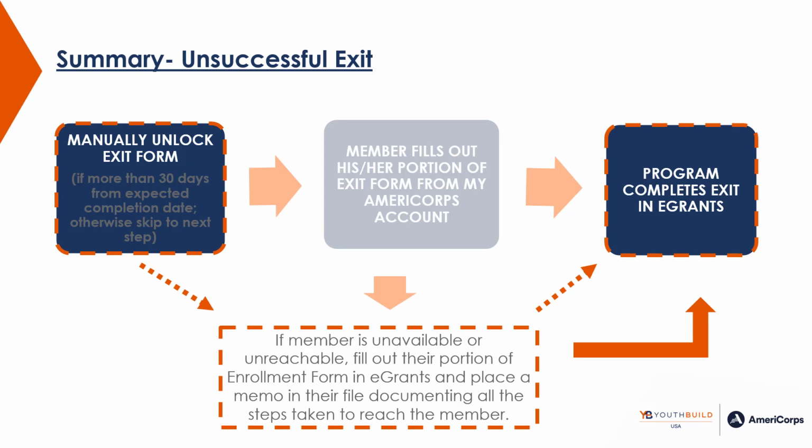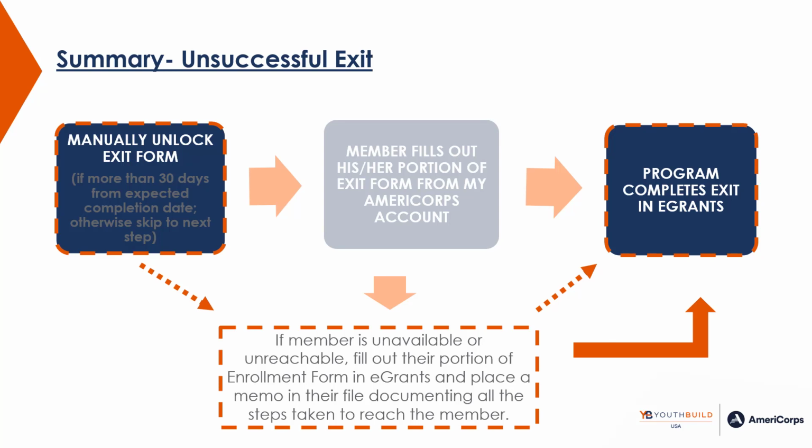But before moving forward, I first want to pause here to detail more what to do when a member is not available to complete their exit form in AmeriCorps. So this will be the case for members who you are needing to exit without an education award, who have already stepped away from your program and are not able to be reached anymore. We know this situation comes up, and this is where this alternative path in our summary flow chart comes into play.